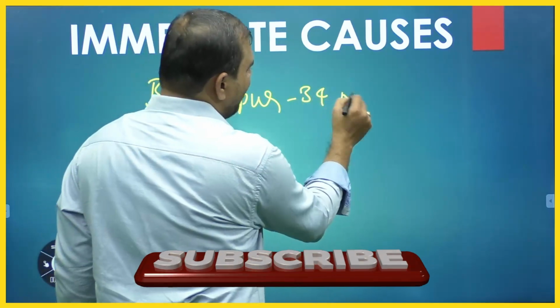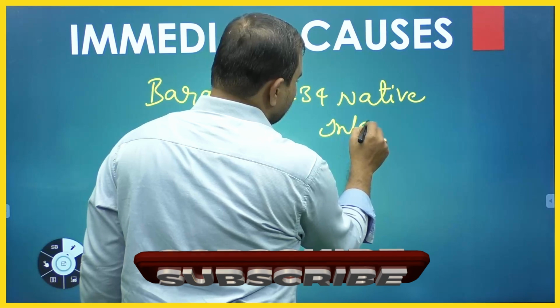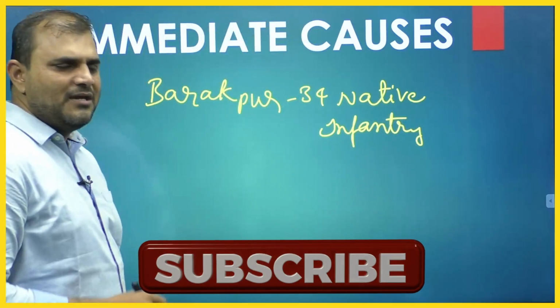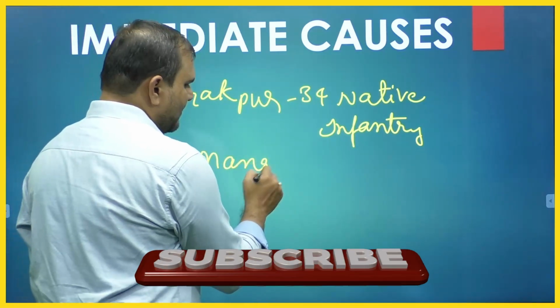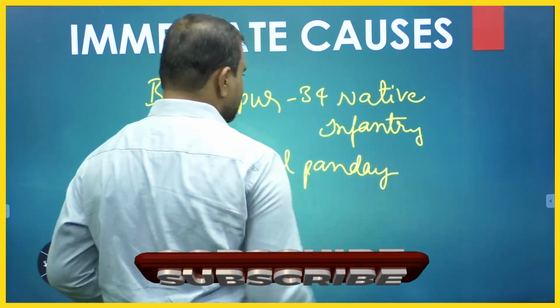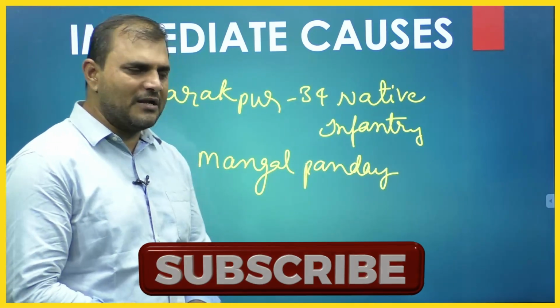the 34th Native Infantry, Mangal Pandey, a Brahmin soldier, refused to use the Enfield rifle.